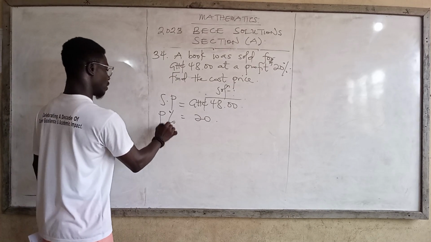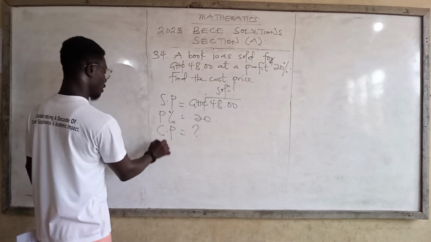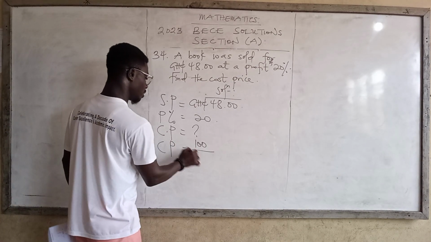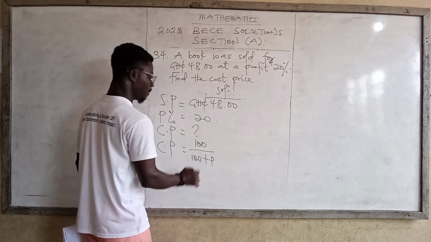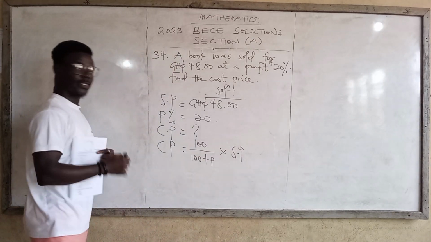So now how best can we find the cost price? Now don't forget our cost price is equal to 100 all divided by 100 plus P times our selling price.